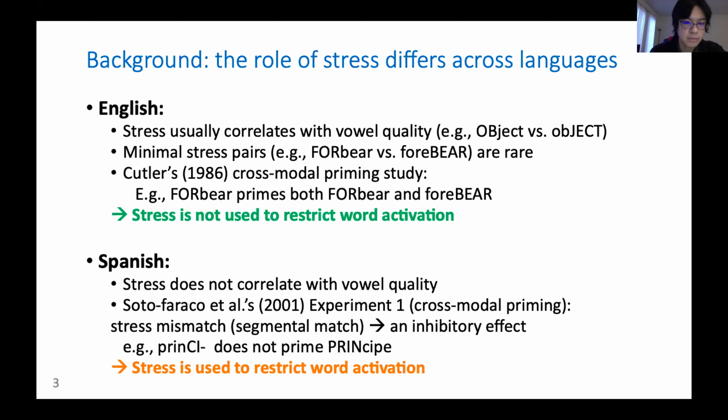For example, listening to a word fragment princi with the stress on the second syllable does not prime and actually inhibits the target principe, which matches the prime in terms of segment, but mismatches the suprasegmental structure, namely the stress location.